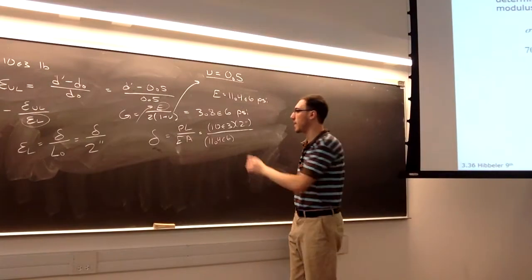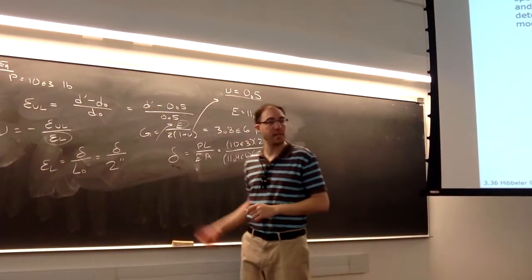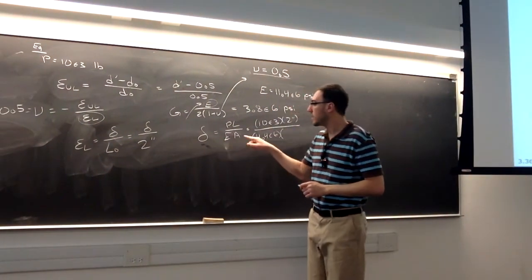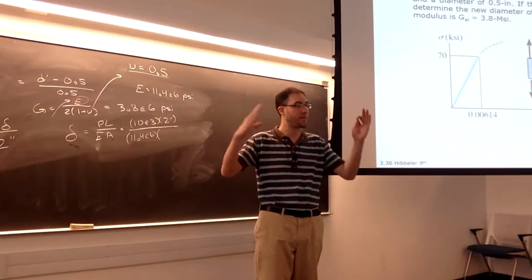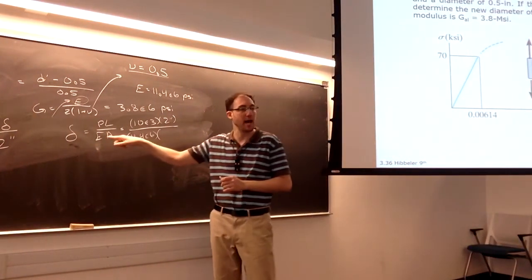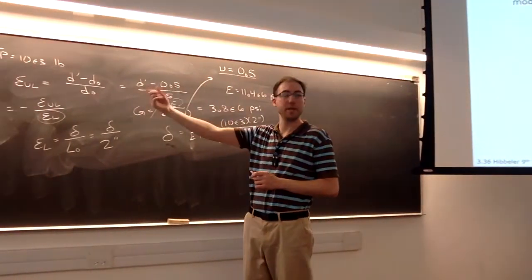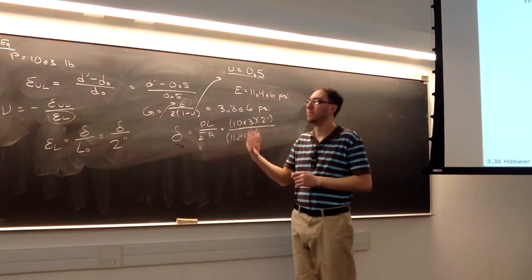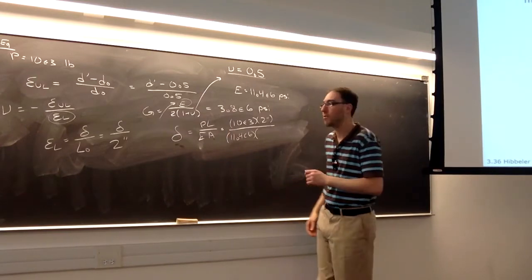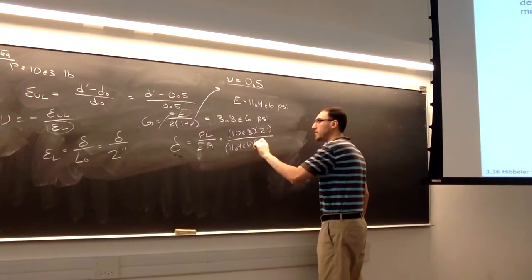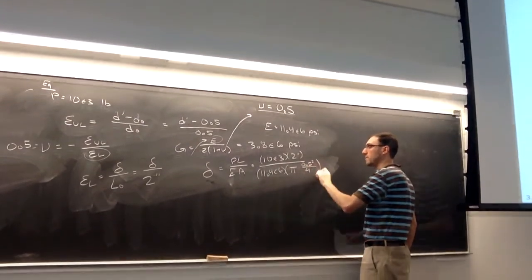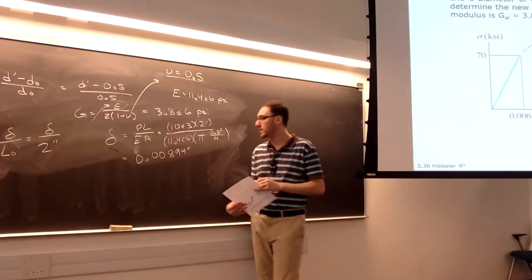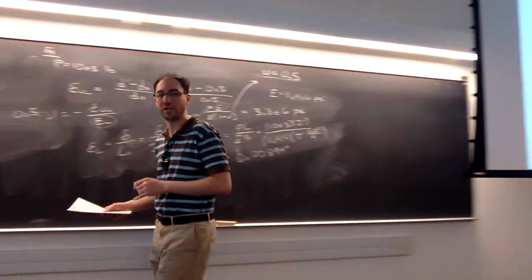And the cross-sectional area, I'll reiterate, the area we use here is always based on the original area. We don't compensate for the area shrinking in this calculation. So the gauge or nominal area was based on 0.5 inch diameter. To calculate that, it will be pi times 0.5 squared over 4. Deformation will be 0.00894 inches.